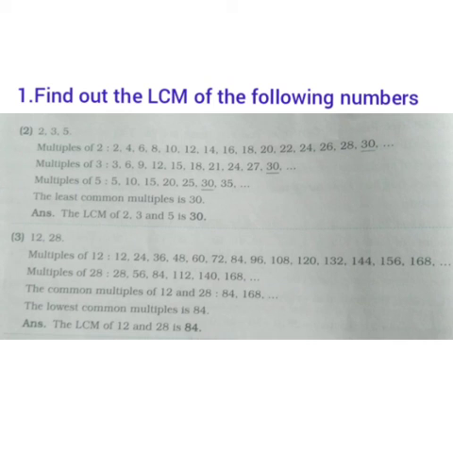The multiples of 28: 28, 56, 84, 112, 140, 168, and so on. The common multiples of 12 and 28 are 84, 168. The lowest common multiple is 84. Answer, the LCM of 12 and 28 is 84.